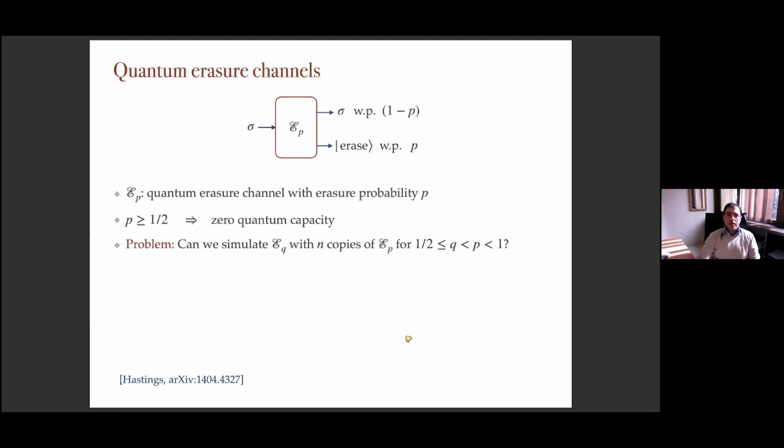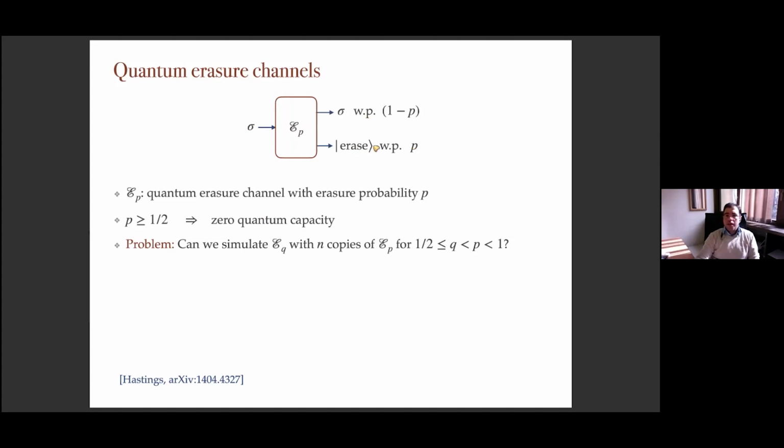Let me give you an explicit example. Here E stands for erasure. I'm considering the erasure channel with parameter p. Given the input sigma, a density matrix, with probability p, it erases the input.